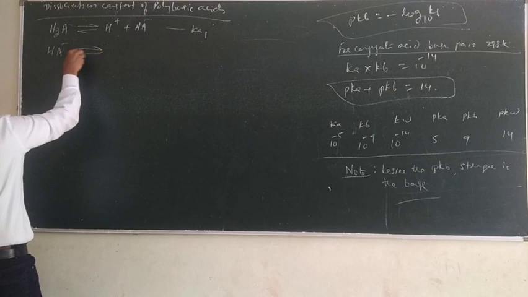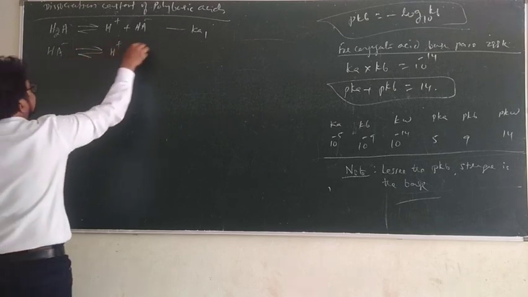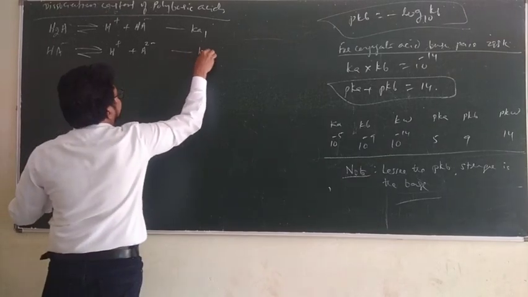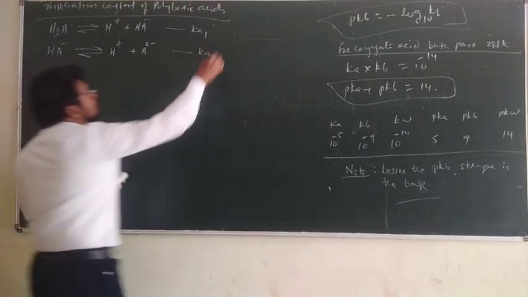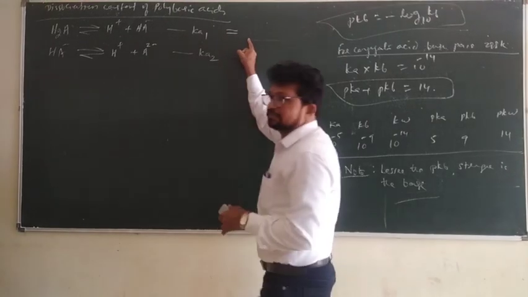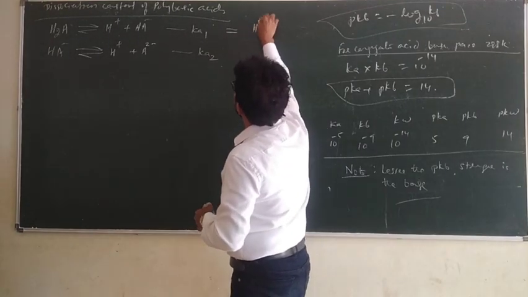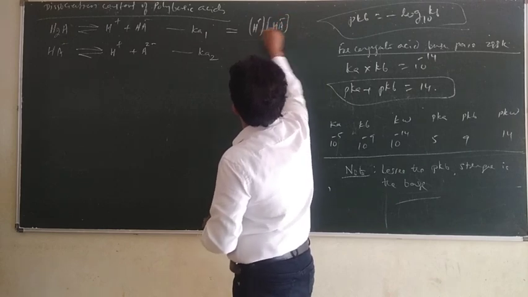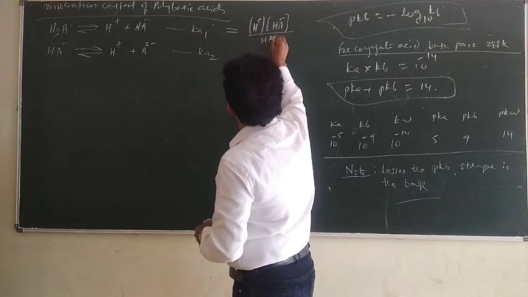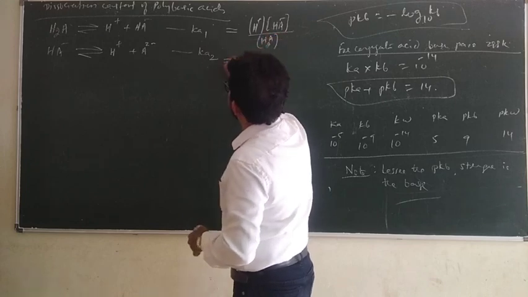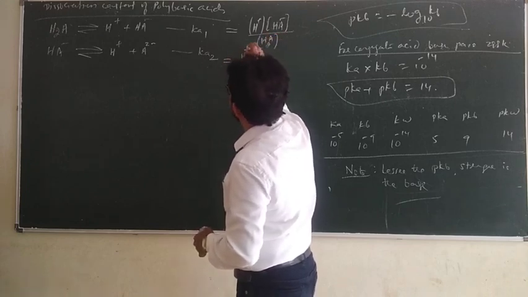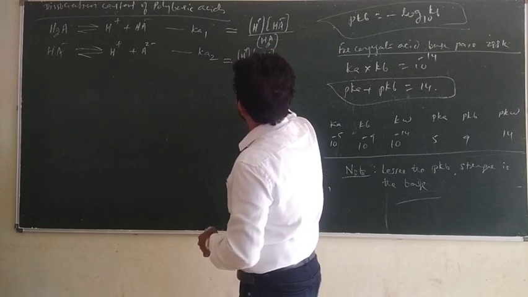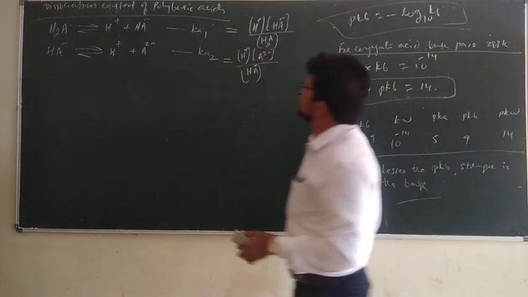HA minus further dissociates into once again H plus and A2 minus, and you call it Ka2. What is the expression here? Tell me. Ka1 is H plus concentration into HA minus concentration by H2A. What is Ka2? It is H plus concentration into A2 minus concentration divided by HA minus concentration.